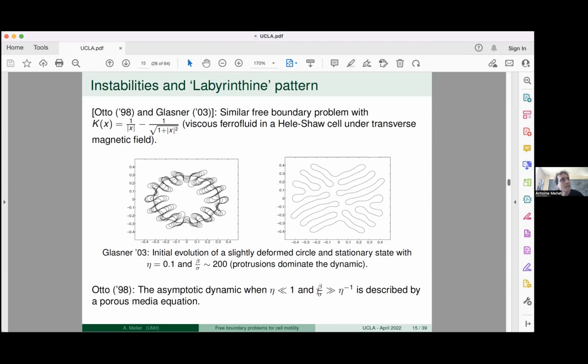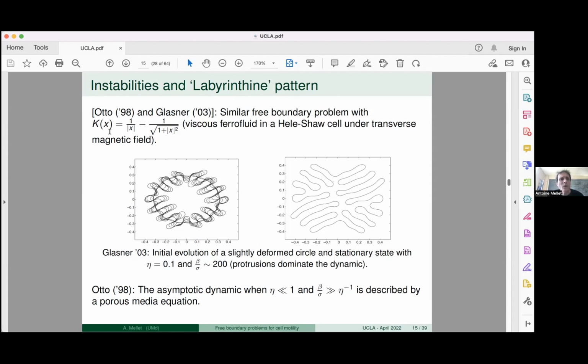So what he says is that basically in the limit you see this picture here. In this limit those fingers become smaller and smaller, and so the characteristic function converges weakly to something that is no longer a characteristic function, right? And it gives you a statistical description of where the fluid is going to be. And that thing is spreading for all time, according to the porous media equation.